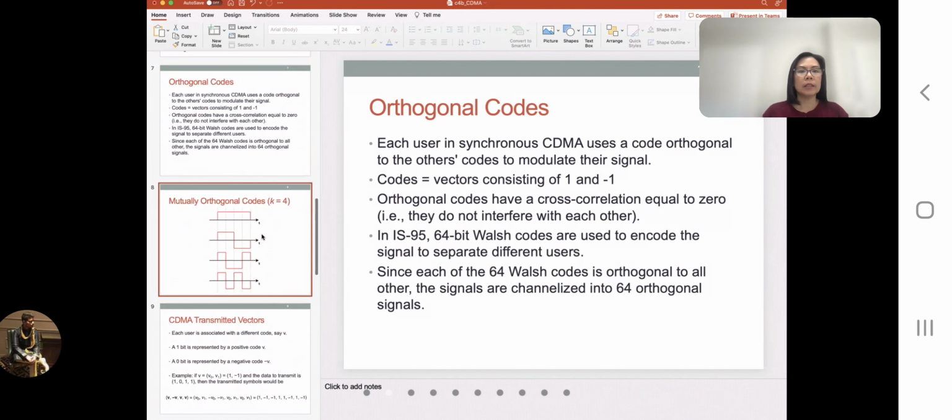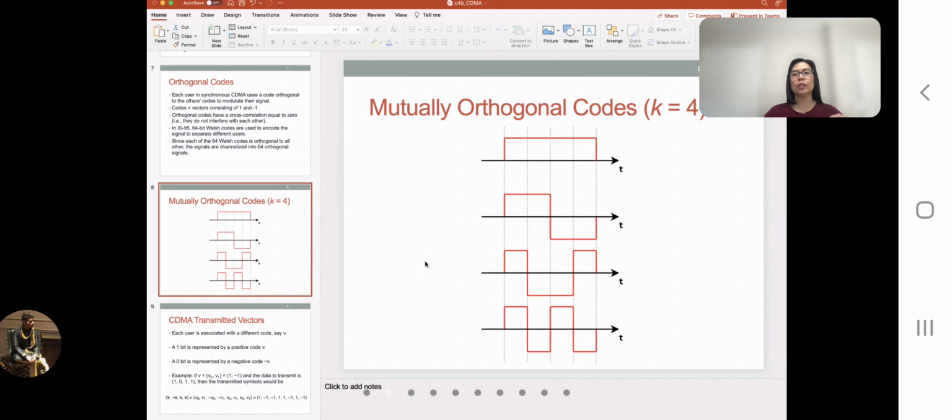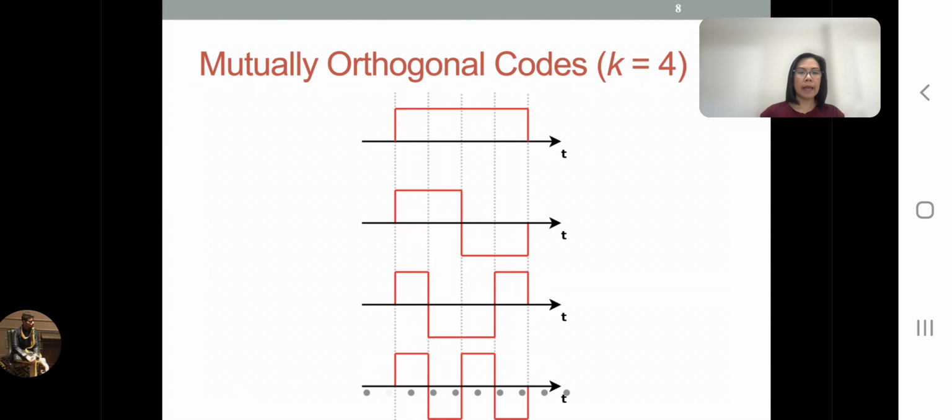So let's consider this as an example. Assume that in this system, we use a chip code of 4 bits. So this should be 1, 1, 1, 1, and the second one 1, 1, -1, -1. Now, take the dot product of these two vectors.